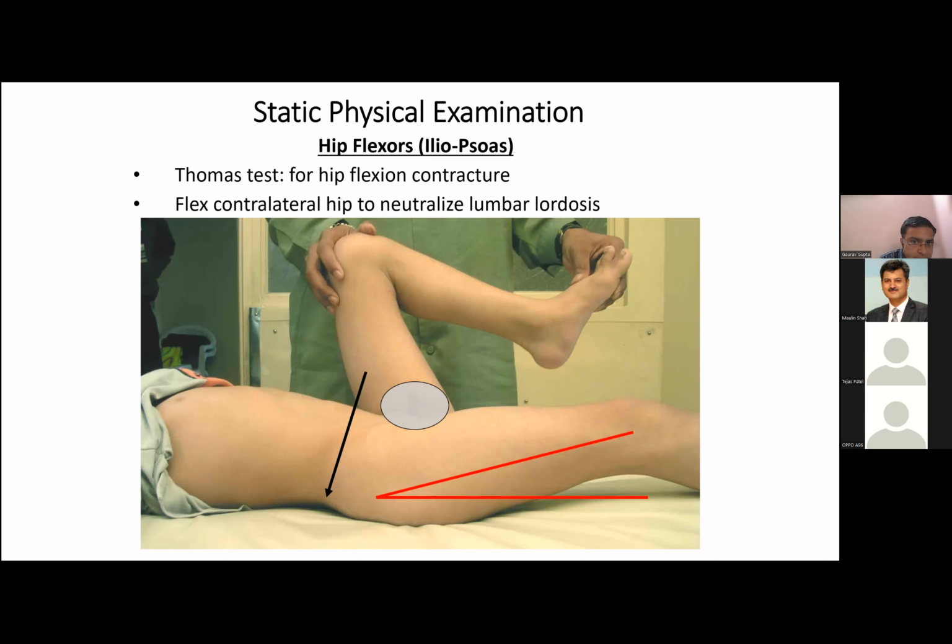So we have to obliterate the lumbar lordosis, very important. So the opposite or the contralateral hip is flexed, and then the child is asked to straighten the affected leg, and then the angle should be measured.